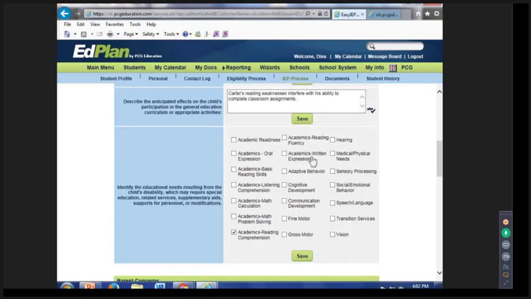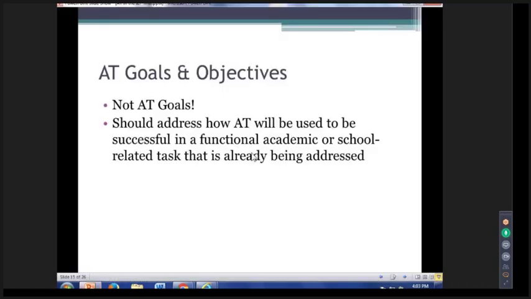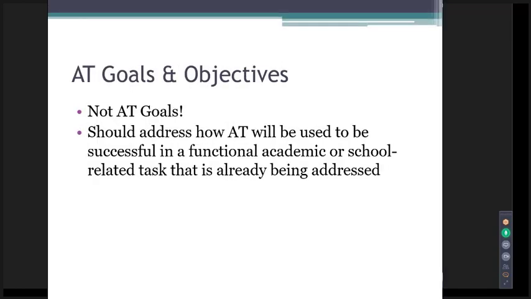This area of educational needs, there's nothing about assistive technology here. This is the academics, the motor, the speech and language, the social emotional. There's nothing on here about assistive technology needs. So there should not be straight assistive technology goals. But if the student needs it to be able to do their educational tasks, then that's where you would write it in.